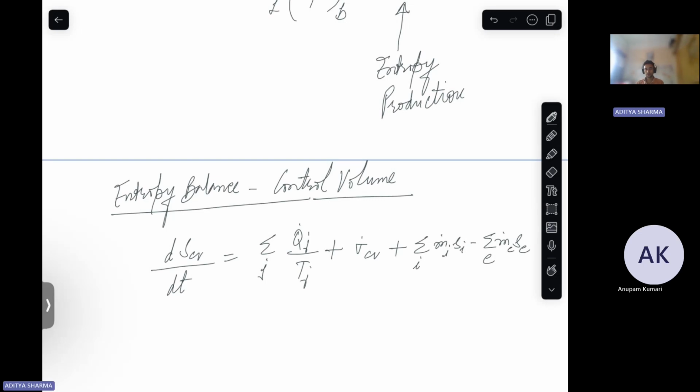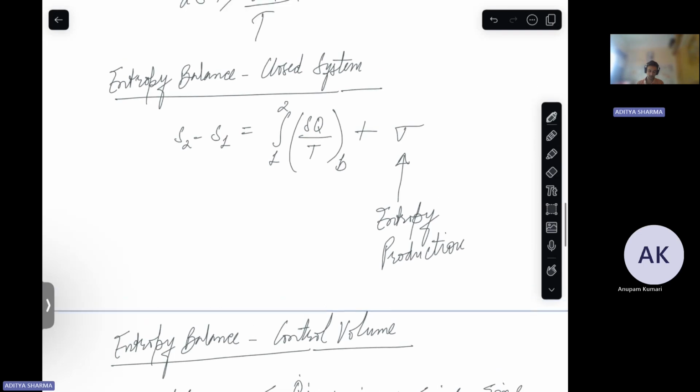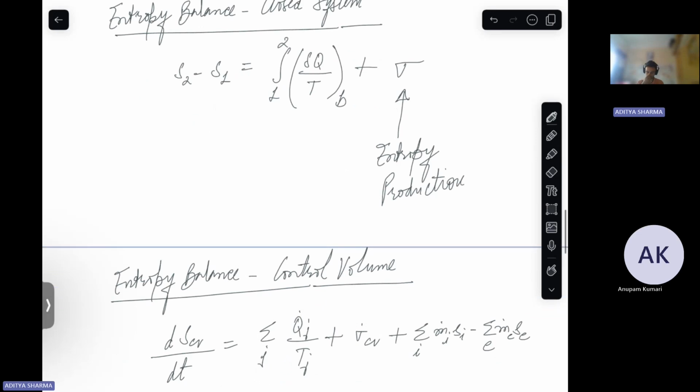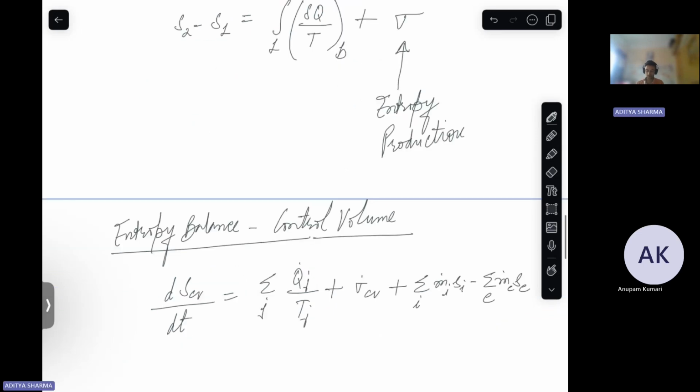So when some mass is entering the control volume, it is bringing some entropy with it, and when some mass is exiting, it is taking out some entropy from the control volume, which is the system of our concern, right? So this is the significance of these two terms, which have been added when we compare with the closed system entropy balance.